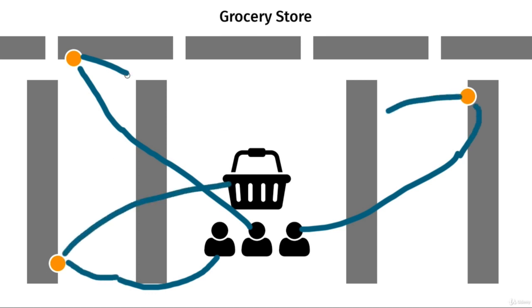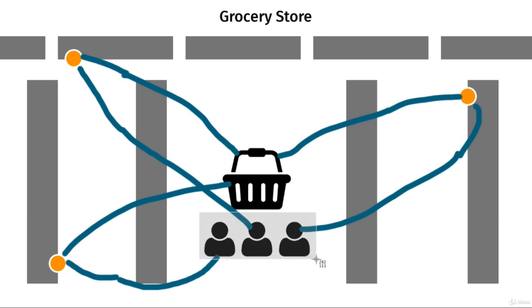So maybe they all finish very close to one another, and it's clear that this is probably going to be a lot faster than the synchronous way. The three people are not just sitting there idle waiting for each other. They can all simultaneously be getting work done. So this means that asynchronous code has the potential to be a lot faster, but it's not always the right tool for the job. It just depends on the situation.